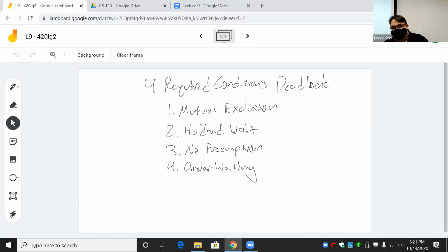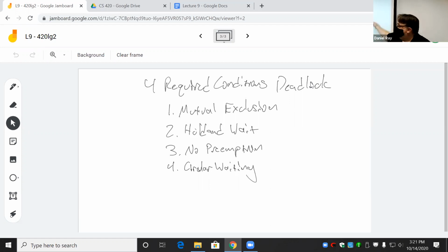And the final thing is circular waiting. We have to make sure that everybody waiting on everybody else is a possibility, okay? Well, no points for guessing, but really number 4 is eventually where we're going to try and target, okay?